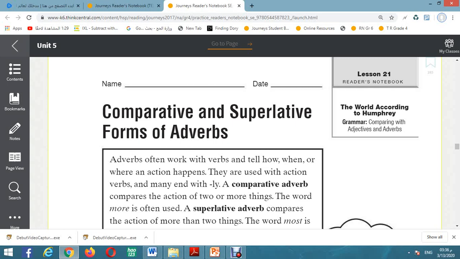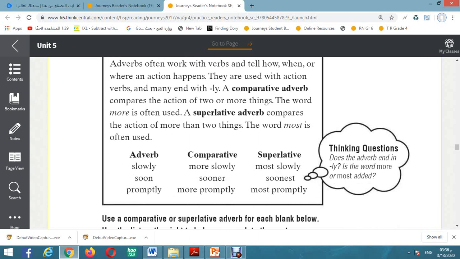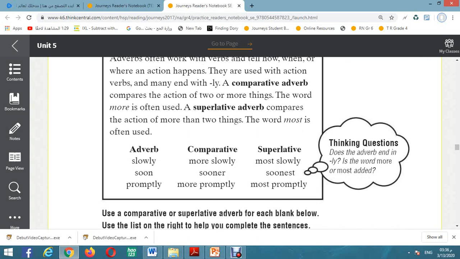Long, it will be more plus the adverb than. Superlative, short adverb plus est, like soon, sooner, the soonest. Here, promptly is long, so it will be more promptly than, or the most promptly.